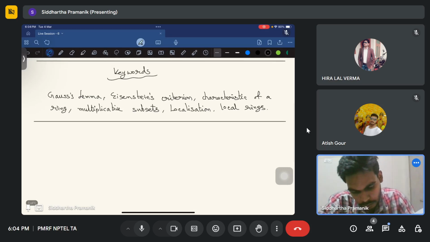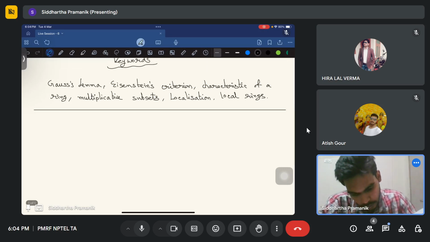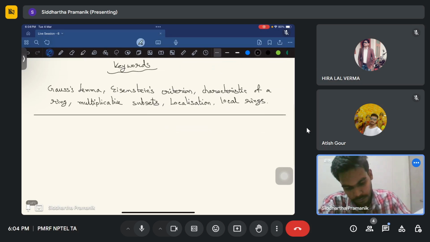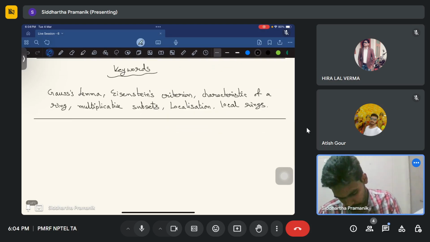Okay, so let's start with some problems related to the concept of irreducible or reducible polynomials. Okay, so the first problem is very simple.